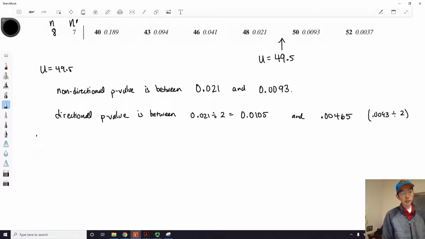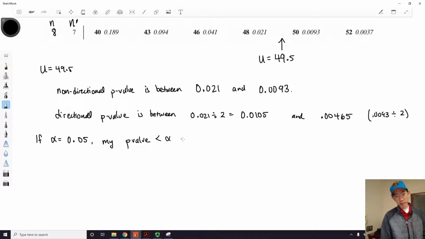So if, let's say, alpha is equal to 0.05, my p-value is less than alpha, and we reject the null hypothesis.